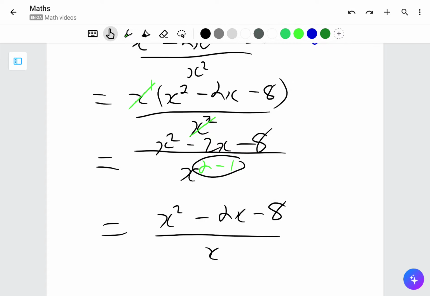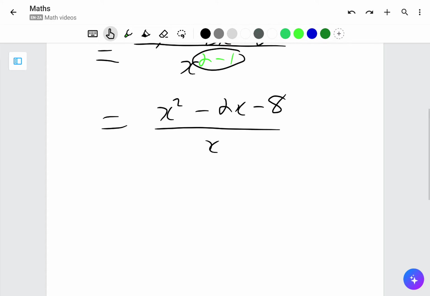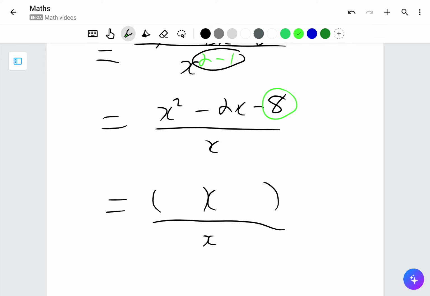If you were to go further, you would factorize the numerator. As it is a trinomial, you would open up your two brackets. We know we have x on the denominator. Alright, then we will ask ourselves, what are the factors of 8 that will give me minus 2? In this case, we're going to say 2 times 4 equals 8.